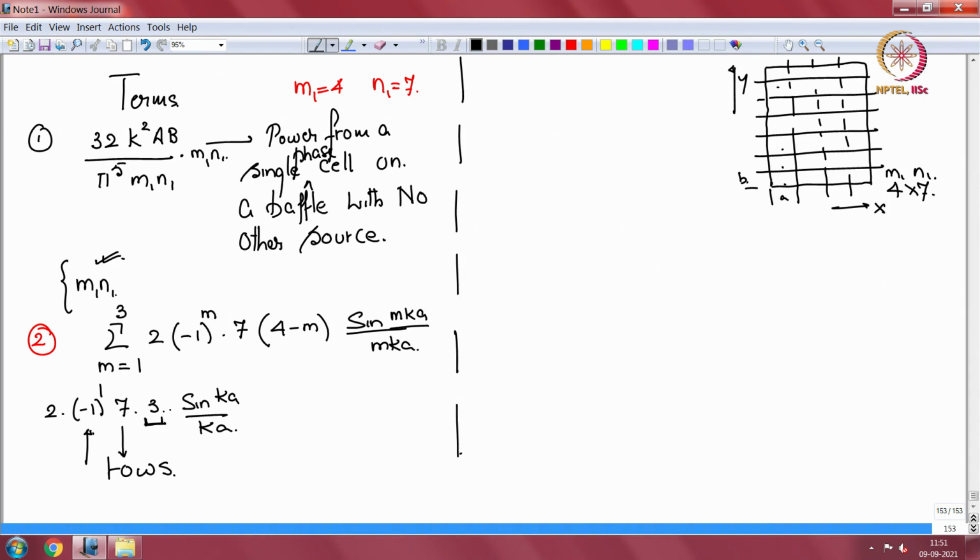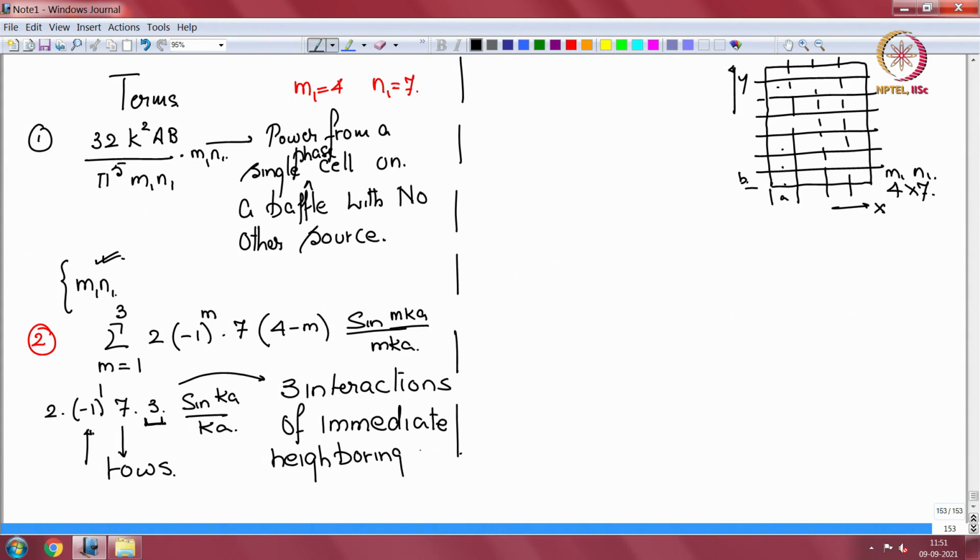What is 3 of something? I get 3 interactions of cells, of immediate neighboring cells, across the node line.